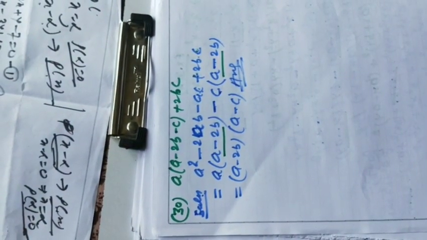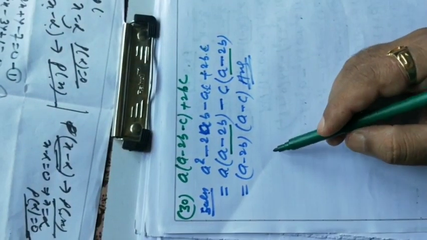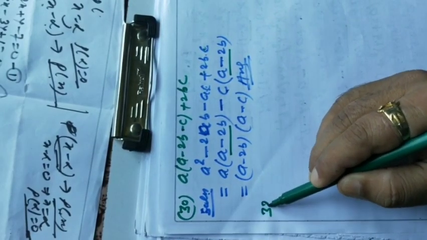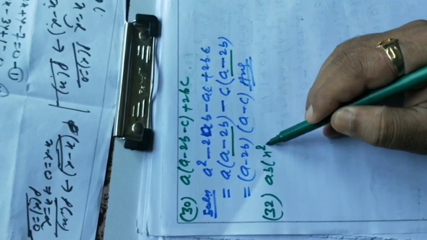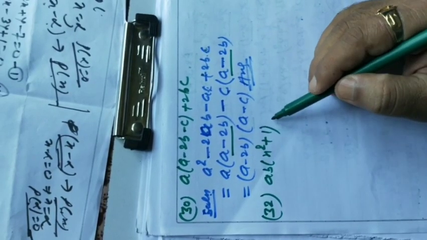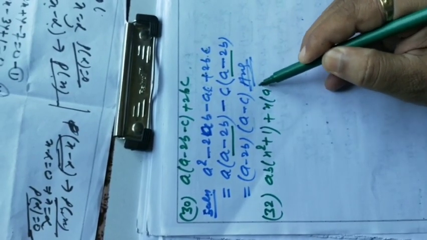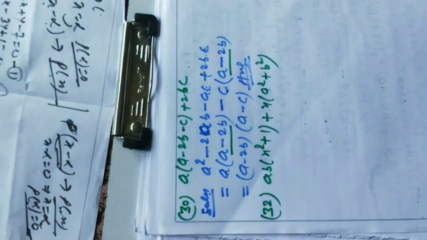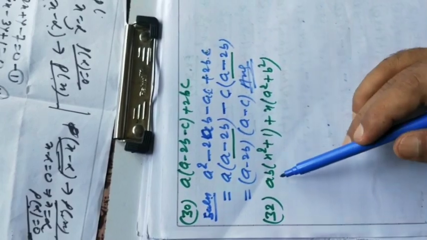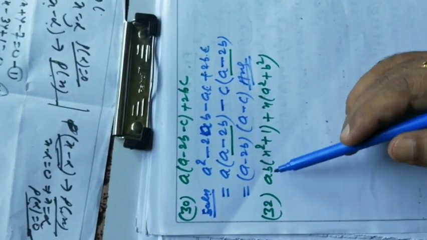Now let us see question number 32. 32 is ab multiplied by (x square plus 1) plus x multiplied by (a square plus b square). So here also there are two terms and nothing is common.